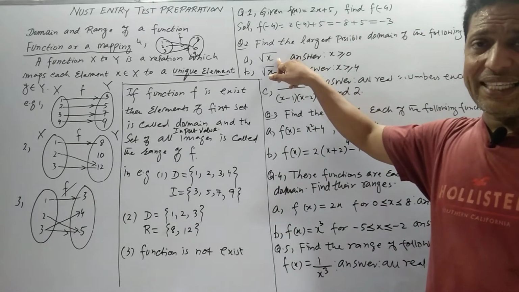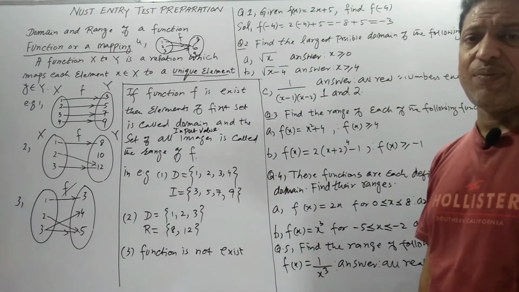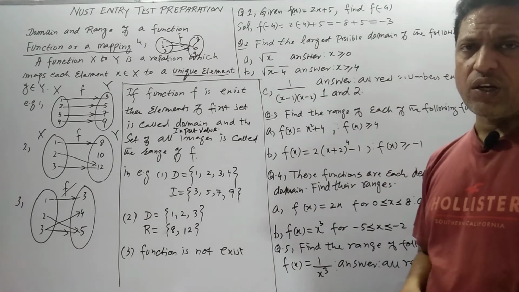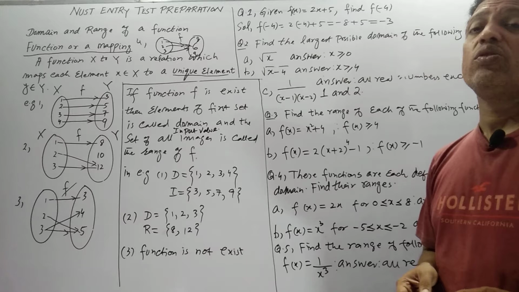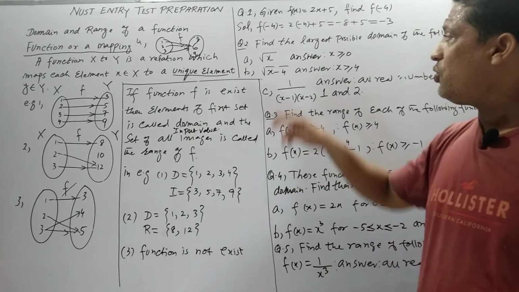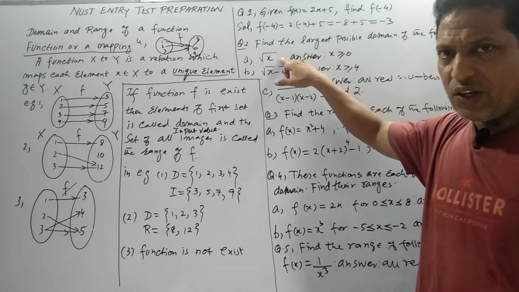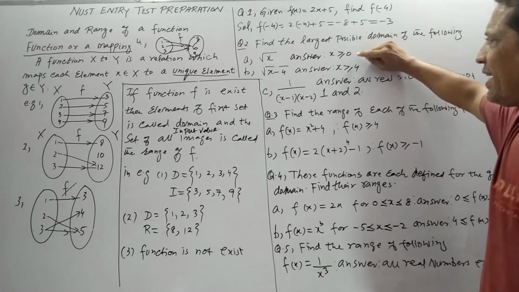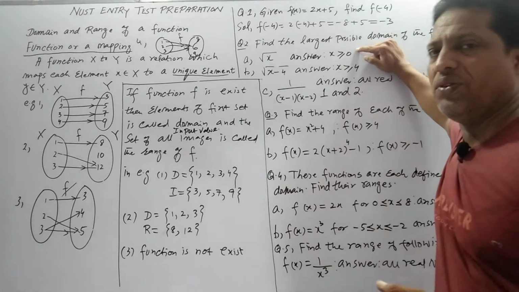Can we put lakh, 10 lakh, and so on? Can we put 7.5? Yes. Can we put minus 1? No. The square root of minus 1 is not possible. Therefore, the domain of root x is x greater than or equal to 0.